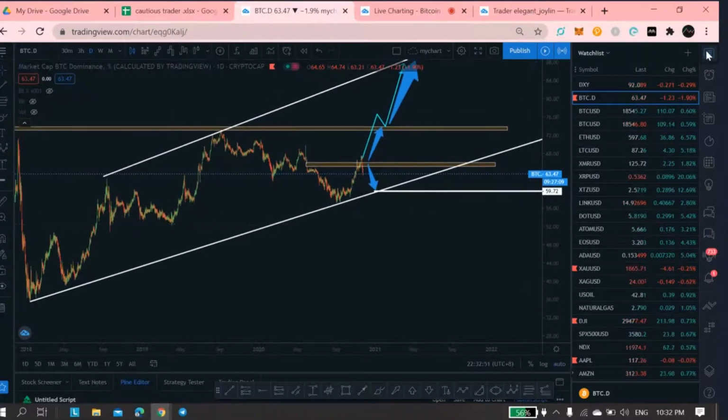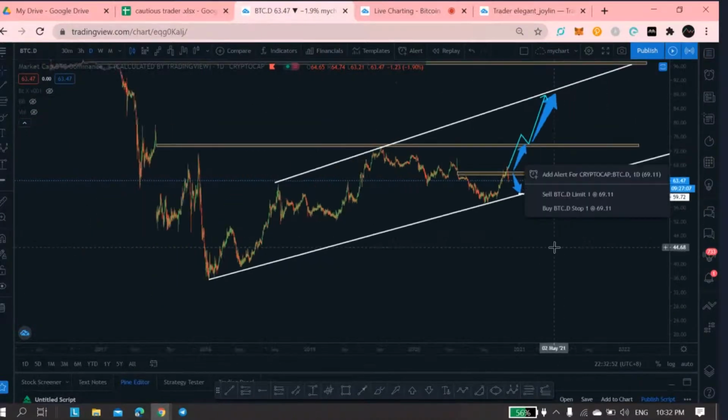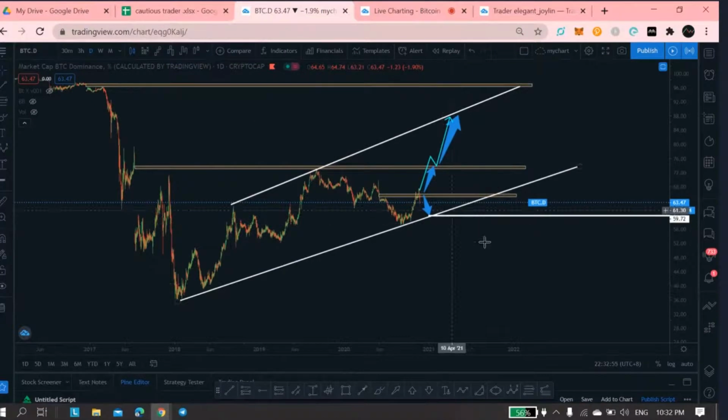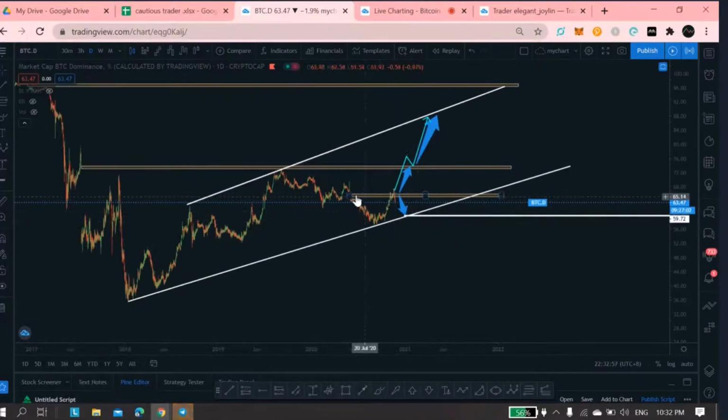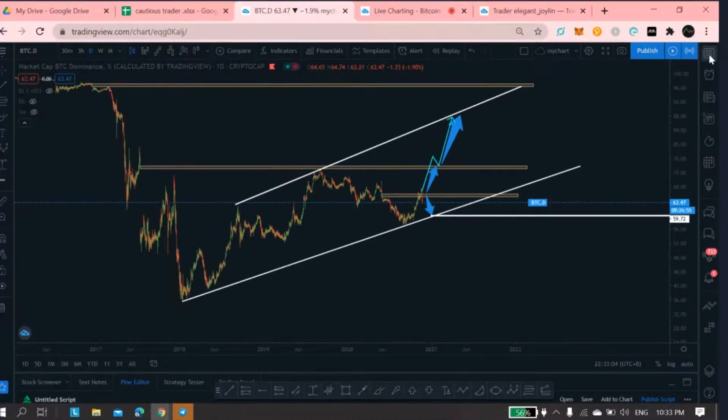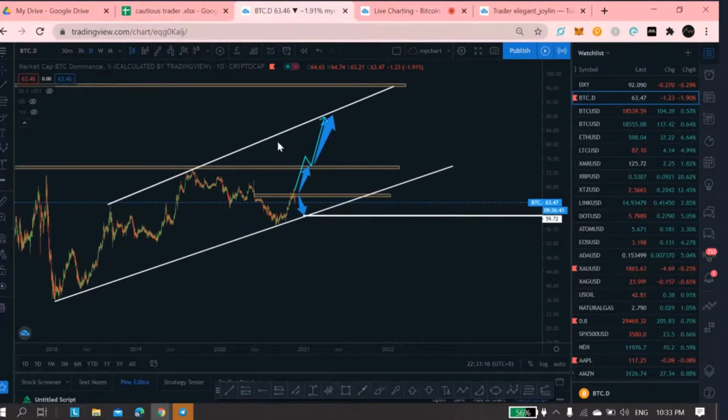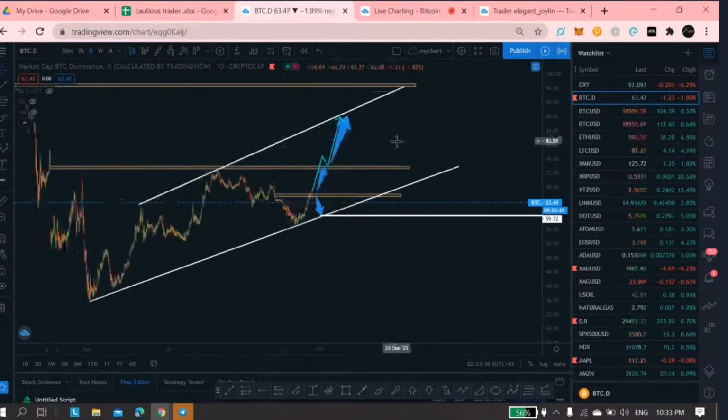So that's also good for alts. The immediate resistance I'm looking at is, of course, this previous 66 area. So let's see. But currently, most of my trades are in alts at the moment, because the possible risk-reward is better. In my opinion, of course.